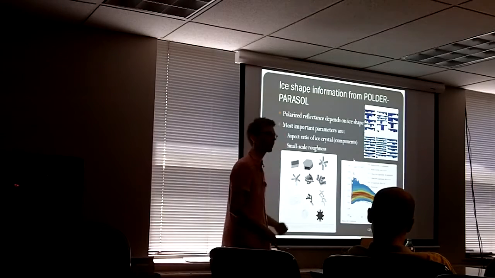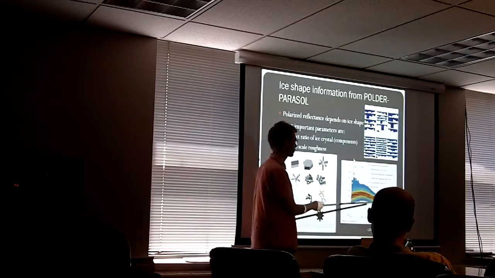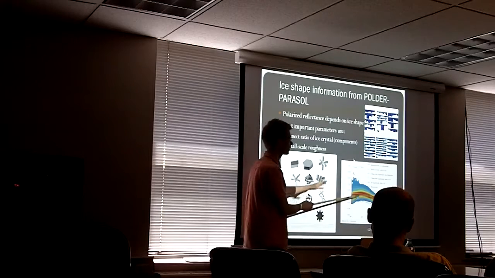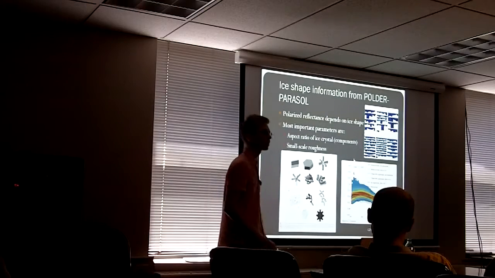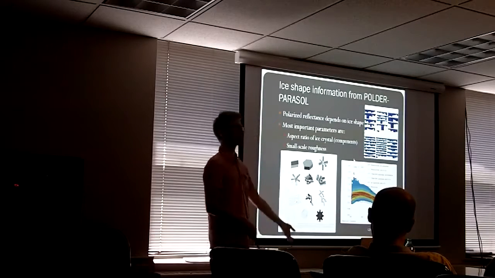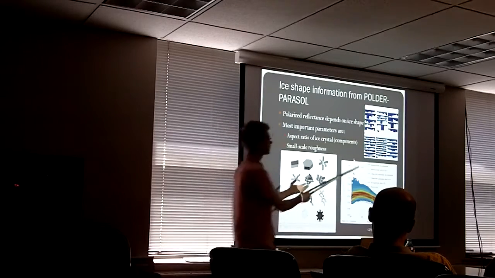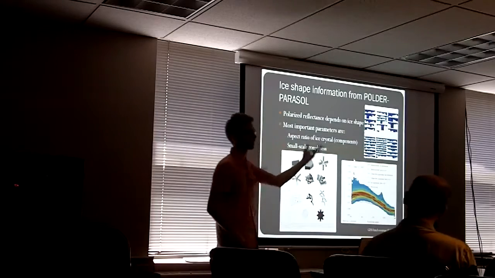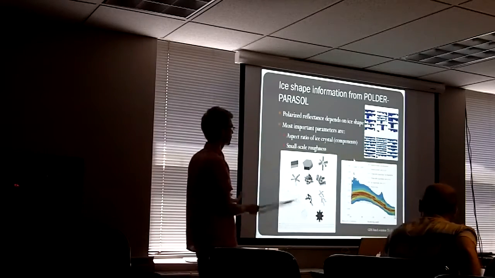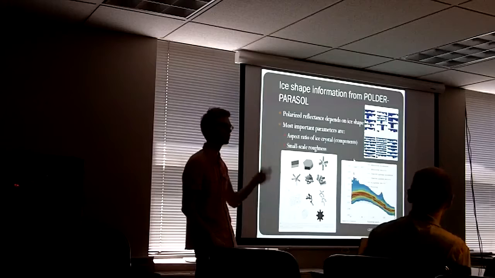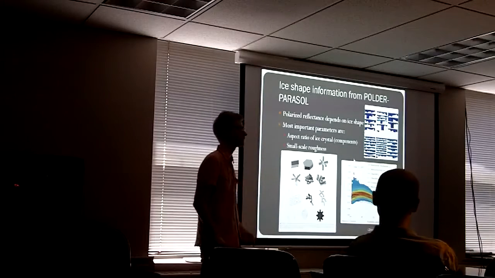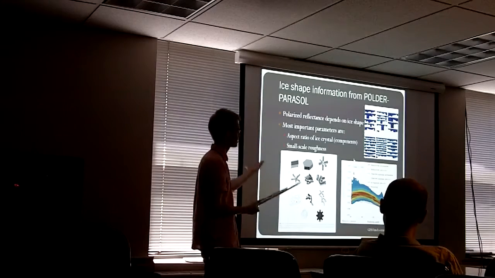By doing these fits, you can figure out what kind of crystals they are. But it's an ill-defined problem because in real life you have all these different shapes, and with a model you can define all these different funny shapes. There's an endless possibility, of course.